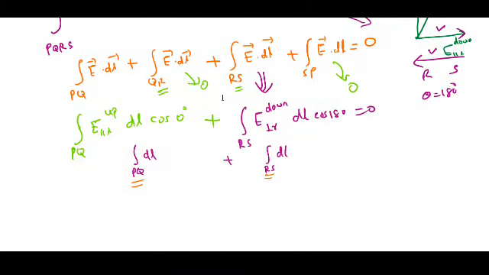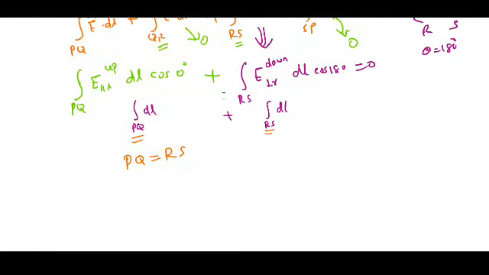Therefore, during the integration we can take it outside, PQ equal to RS. Finally, we are left with E parallel up minus E parallel down, that is equal to 0.